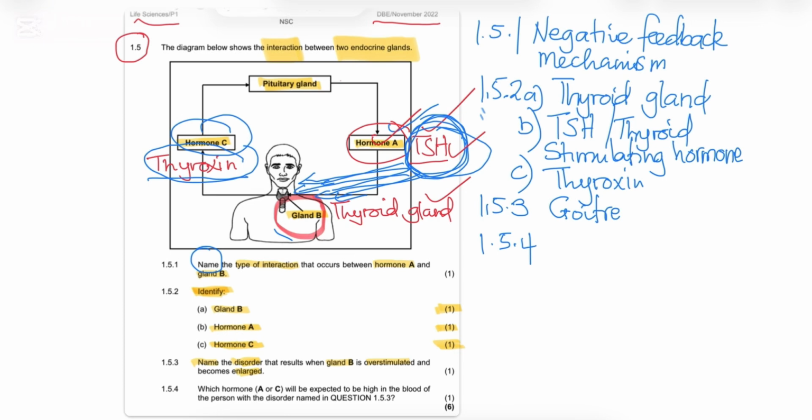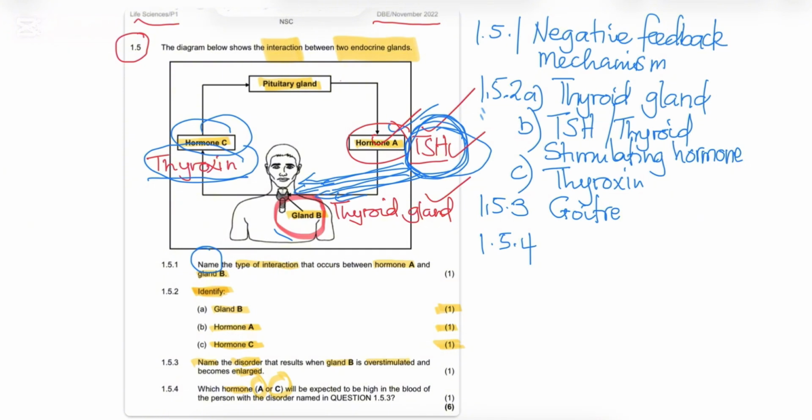The question is asking us which hormone, and it has given us letters, hormone A or hormone C, so we are supposed to choose from what we have been given by the examiner.